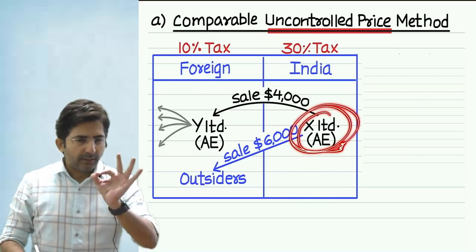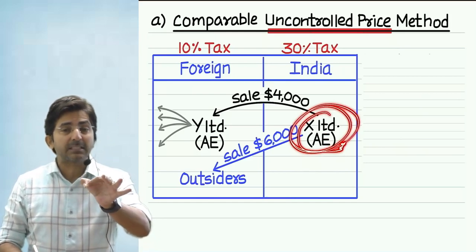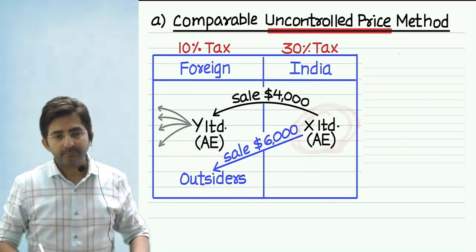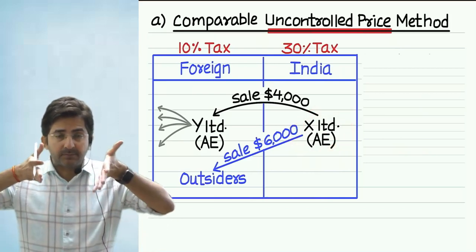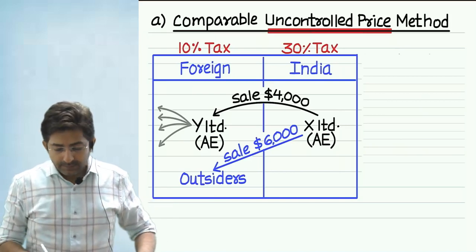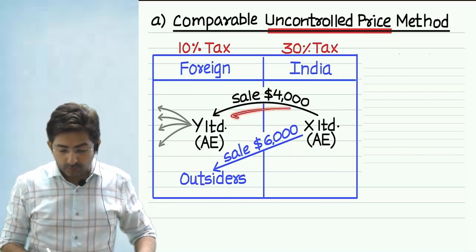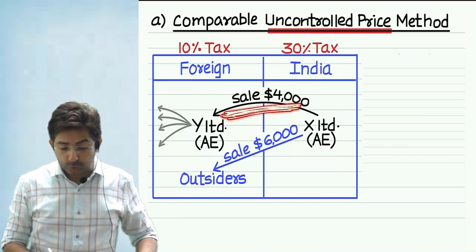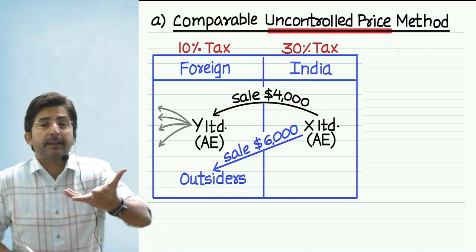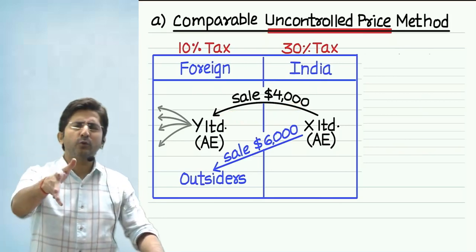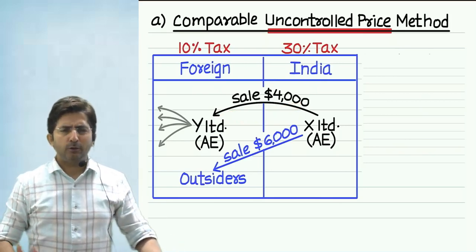You know what excuse X Limited can have? As soon as the government blames X Limited for showing such a low sale price, what excuse can X Limited have? Take it on you. Imagine you are X Limited and the law is blaming you.